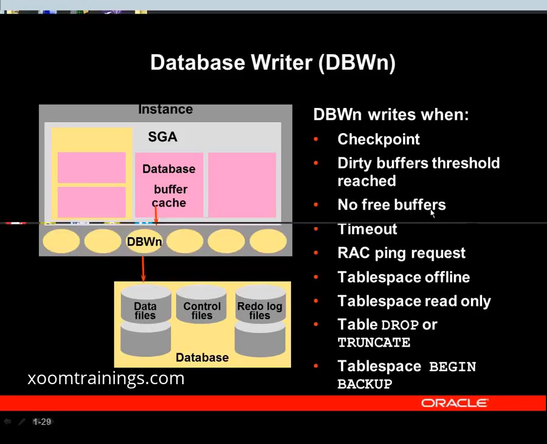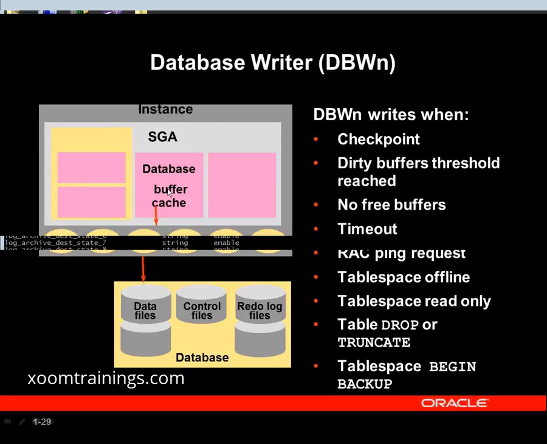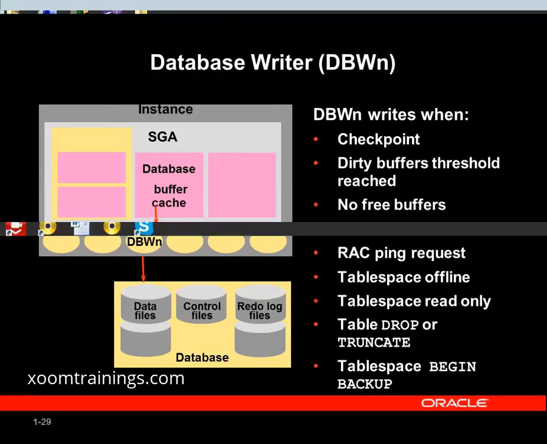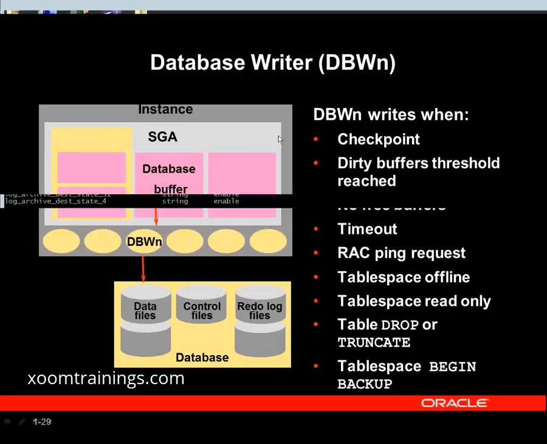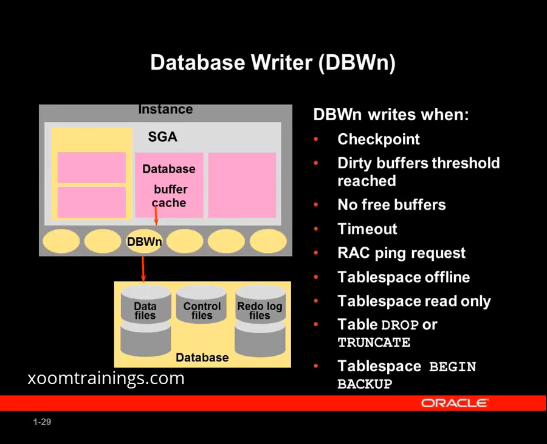Third one is no free buffer. Suppose suddenly more blocks are generated and there is not sufficient free space in the database buffer cache. In that case, the already available modified blocks get written by the database writer to the data file.